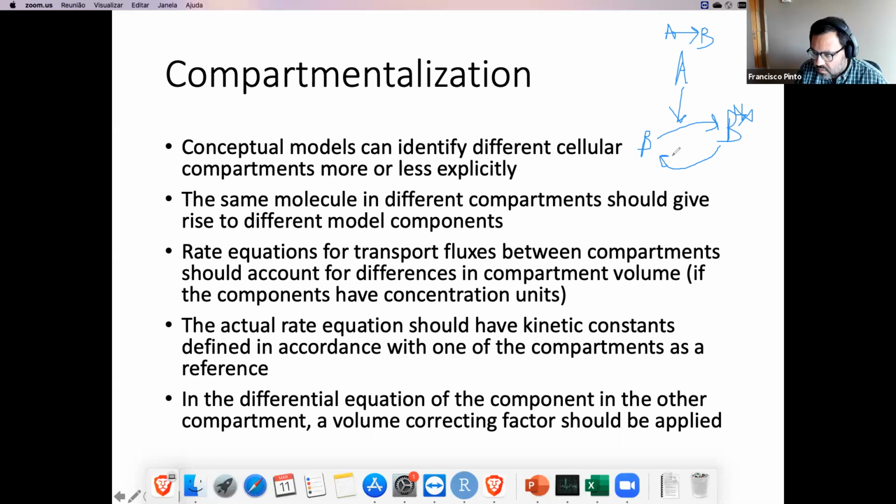And there is normally a hidden process in this scheme, that is, there is a rate of dephosphorylation that converts the active form of B back into the inactive form. So you have to be careful about what those arrows are representing. If it is a phosphorylation, you can translate it into a model like this.